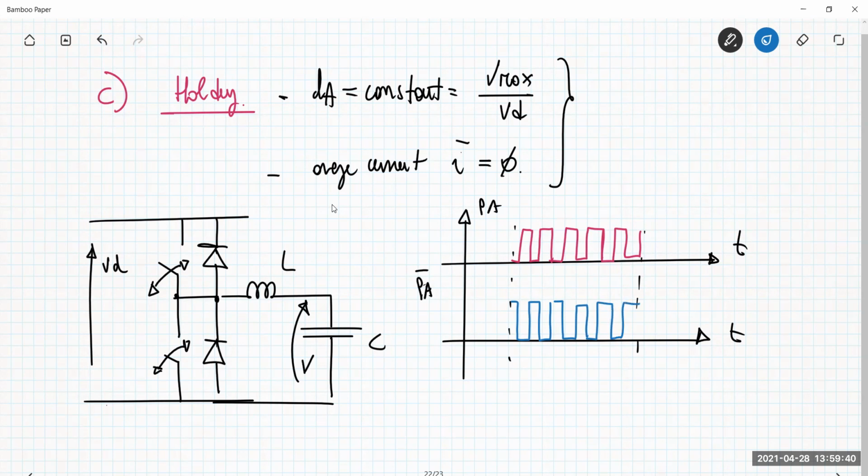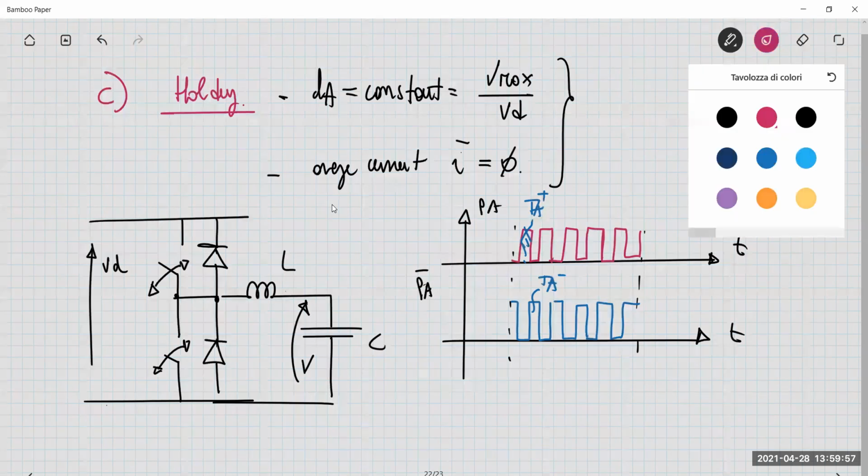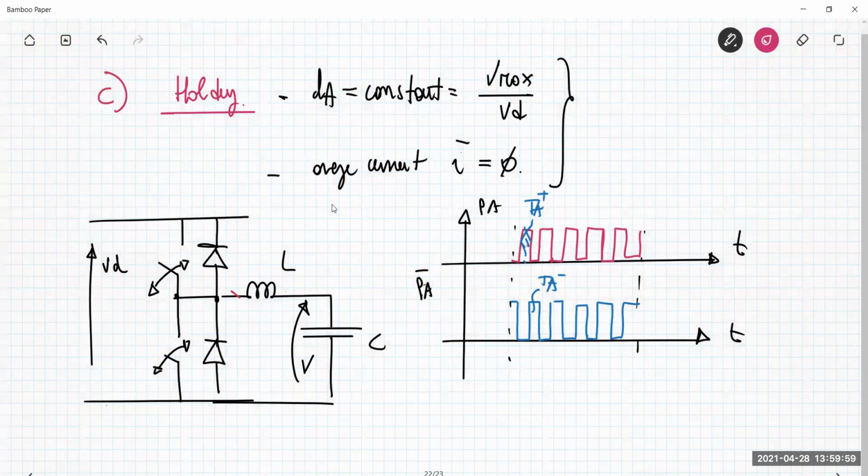So what does it mean? That I'm switching on and off TA plus. So for example, here TA plus is on, here TA minus is on, etc. So I'm switching on and off these two transistors. The current here, as an average value, should be 0. But what about the instantaneous value?